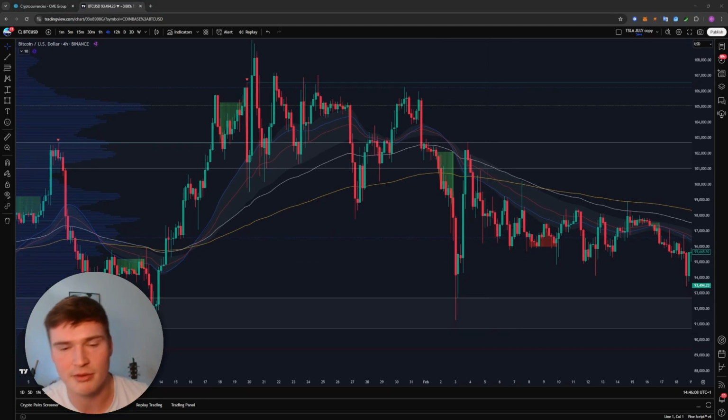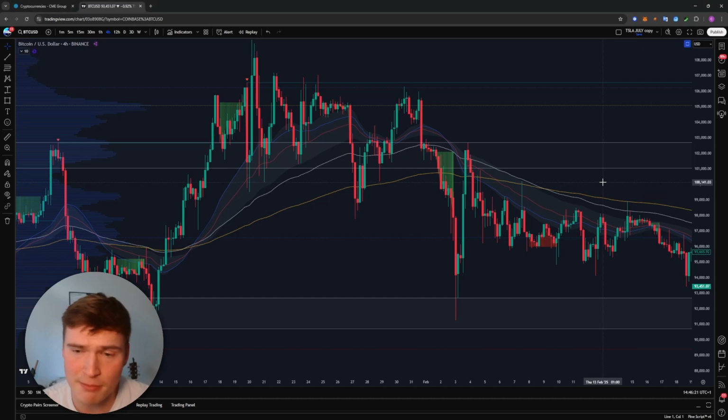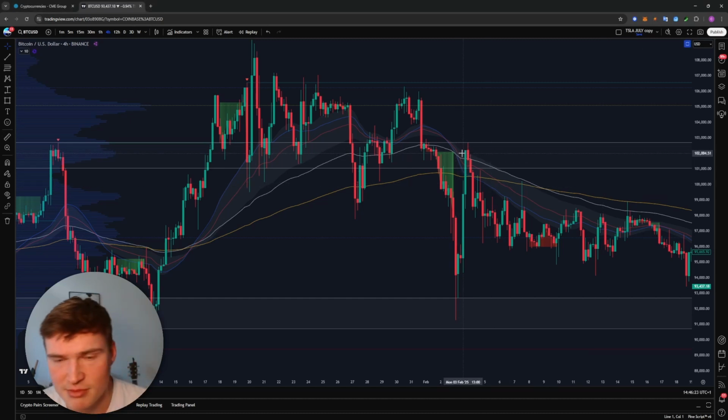All right, so CME gaps in general can be super useful, but you should not long or short them blindly. Take a look at the technicals, take a look at what happened the week before, take a look at the fundamentals. And then based on that, you can use these CME gaps, first of all, as excellent entries, or excellent entries for a short in this case, but also excellent take profit limits, for example.